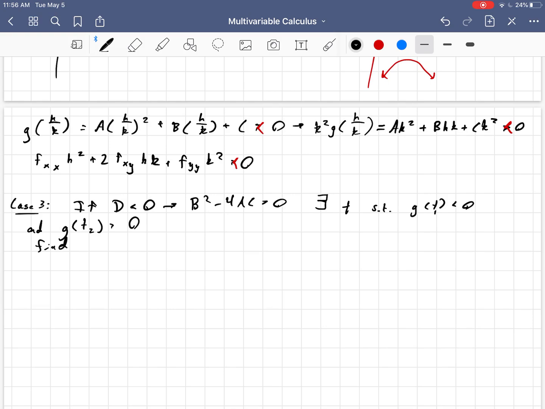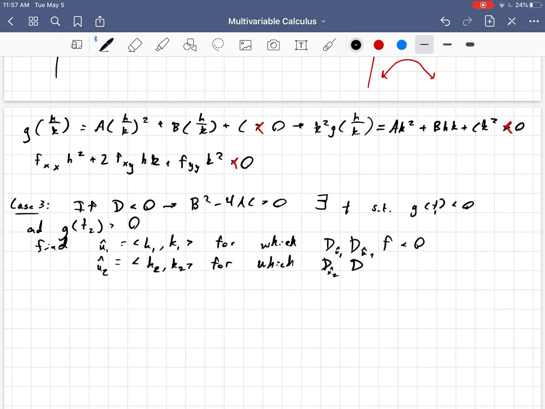So we need to find a unit vector u sub 1 to have components h sub 1 comma k sub 1, for which the double directional derivative, so d sub u sub 1 of d sub u sub 1 of f, is say less than 0, and simultaneously unit vector u sub 2 being h sub 2 comma k sub 2, for which d sub u sub 2 of d sub u sub 2 of f is going to be greater than 0.